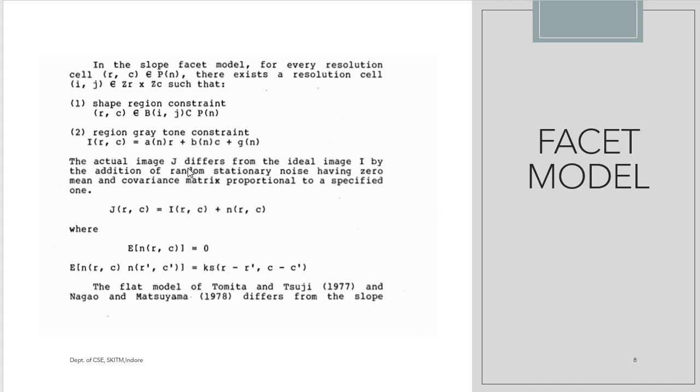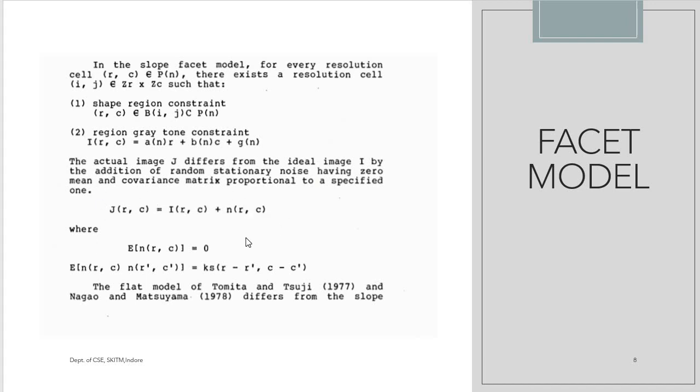The actual image, if we are talking about the real image, J differs from the ideal image I by the addition of random stationary noise having zero mean and covariance matrix proportional to a specified one. Here J is the actual image we have considered. So the actual image equals the idealized image plus some noise having zero mean and the covariance matrix.